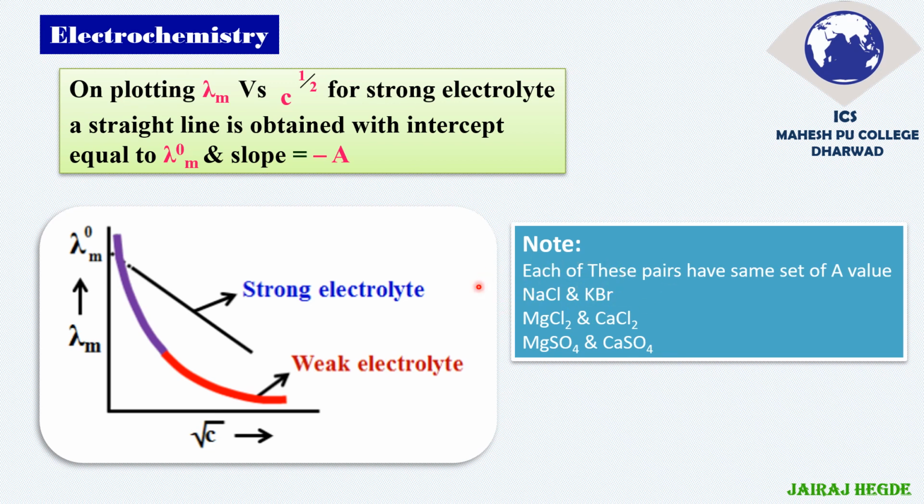This is a 1:1 electrolyte. So these should have the same value of A for the same solution. Similarly, MgCl2 and CaCl2, Mg2 plus, Ca2 plus, Cl minus, Cl minus, MgSO4, CaSO4. Here the charges on the individual ions are the same. This is a 2:2 electrolyte. This is a 2:1 electrolyte. If they have the same charges on the cations and anions, they must have the same value of A.